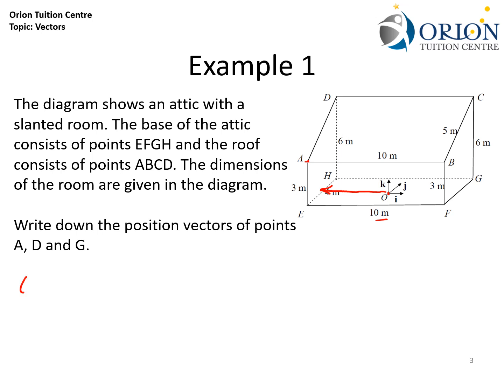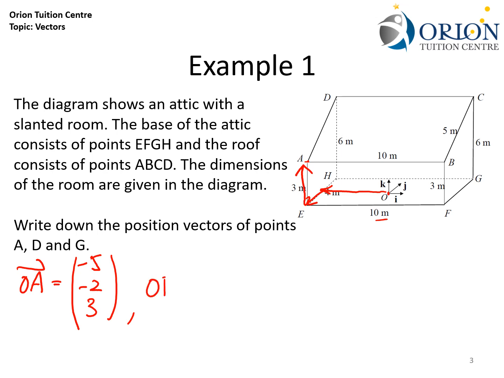So for OA, the first component will be negative 5, followed by, now if we are moving in the Y direction, we will be moving downwards by 2 units, which is negative 2 since it is in the opposite direction as the j vector. And finally, we are moving upwards by 3 units, and therefore the third component will be 3.